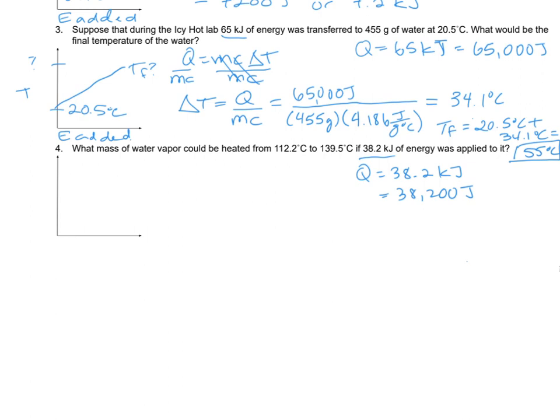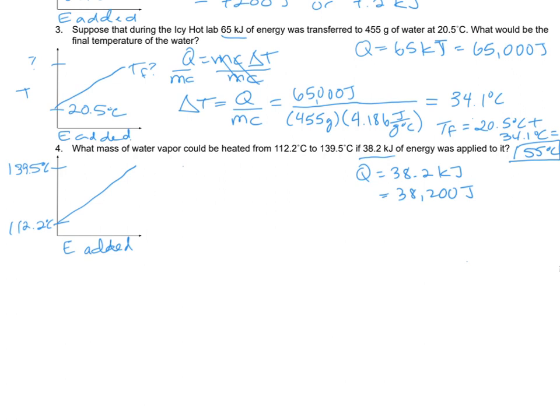And for our picture, we know that it went from 112.2 degrees Celsius up to 139.5 degrees Celsius. And energy was added because the temperature went up. So that's going to go up like that.